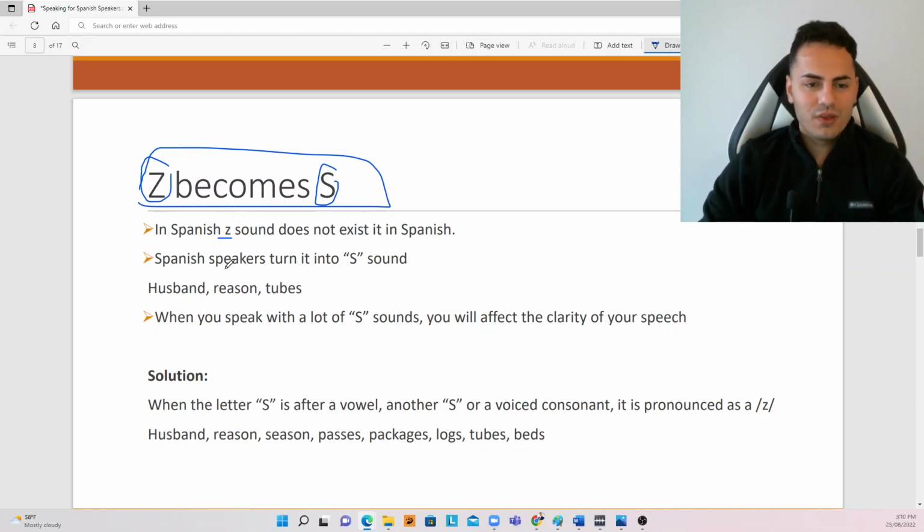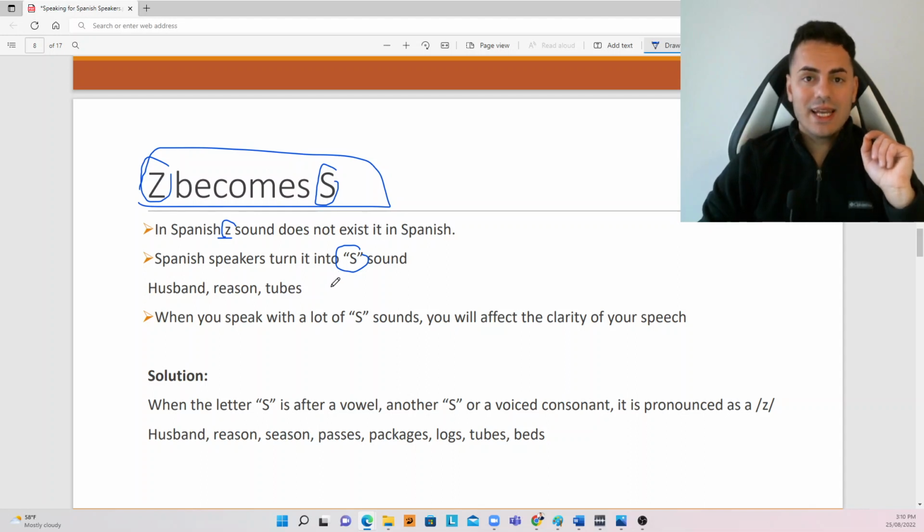So they end up replacing this sound with the S sound. And the issue is that if you have a lot of words with S and Z, you end up with a speech that has a lot of S sounds, and this will affect the clarity and jeopardize your content score.